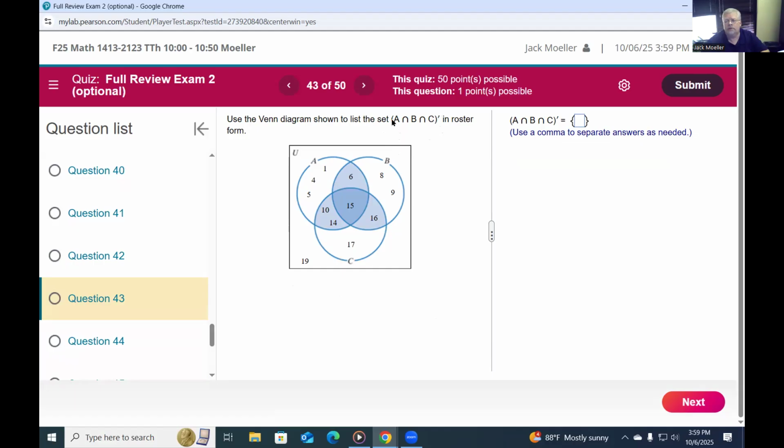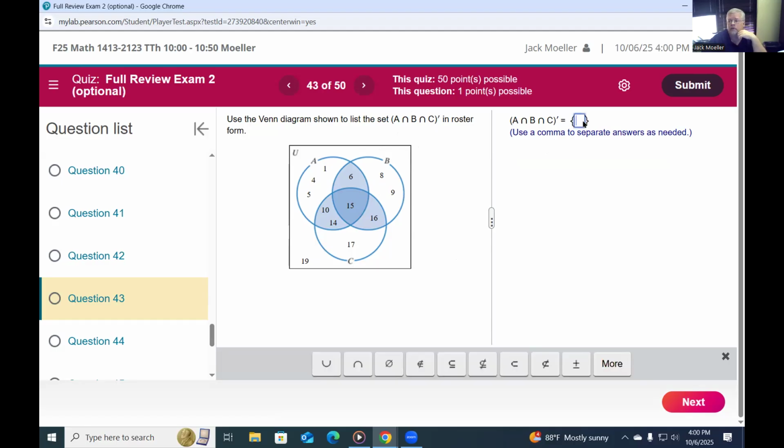So inside the parentheses, it's A intersection B intersection C. So where's the intersection of all of them? It's right there in the middle. So since it's intersections, that is the 15, the intersection of all three. Then it wants the complement. What's the complement? Complement is everything in the universe, which is the entire box, that's not in that set. So it's everything except 15.